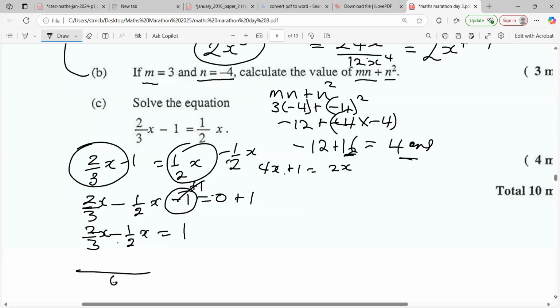For addition or subtraction, find the LCM. 3 into 6 is 2, 2 times 2, 4. 2 into 6 is 3, 1 times 3, 3. So this works out to 1x over 6 equals 1. But remember what we are trying to do: it's x we are trying to find.